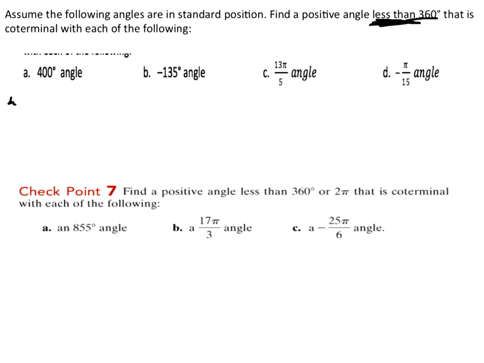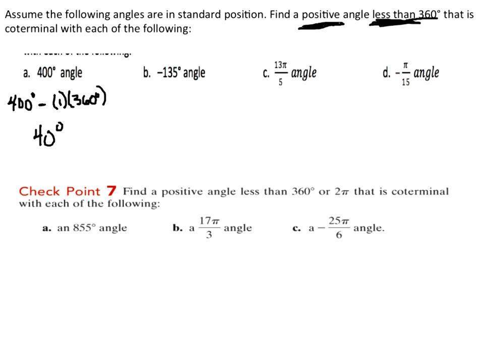To do so, I'm going to subtract 360K, and in this case my K value is just 1, because I just want to subtract one whole revolution. I can't subtract 2, or that's going to put me at a negative angle. So 400 degrees minus 360 degrees gives me the coterminal angle of 40 degrees.